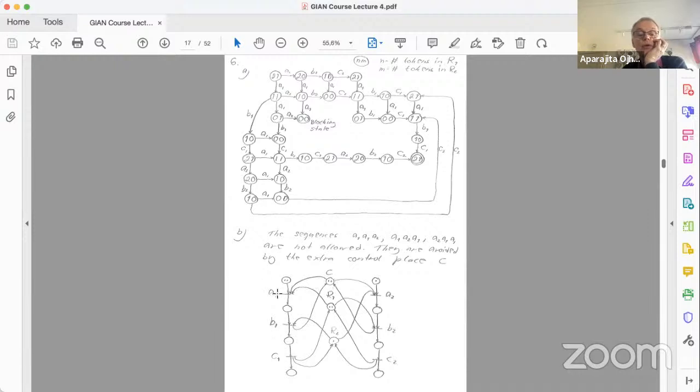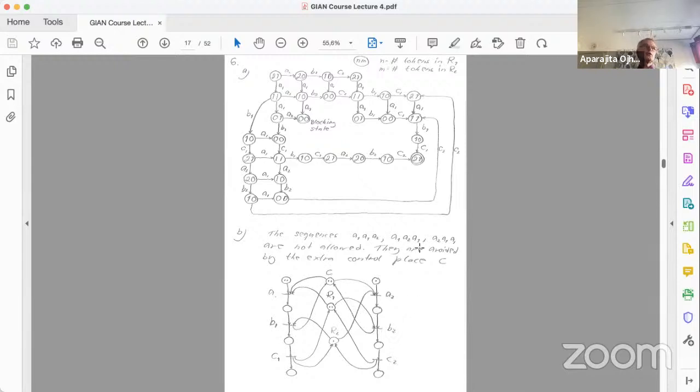It means that both A1 and A2 are blocked, so to say. Okay, you can take a more detailed look at this, but this is a so-called control place which restricts the behavior.